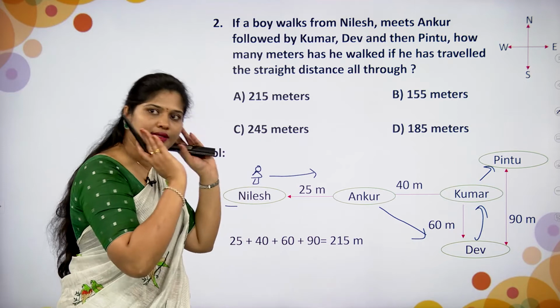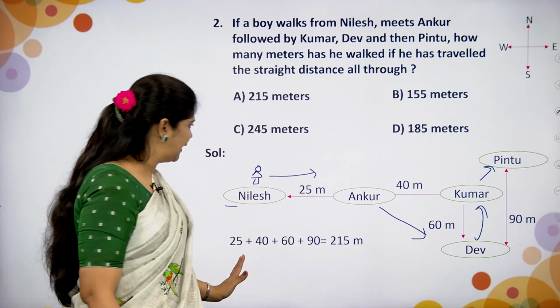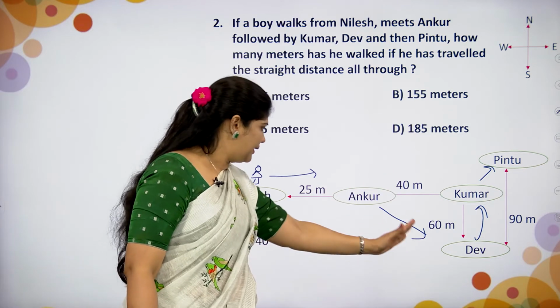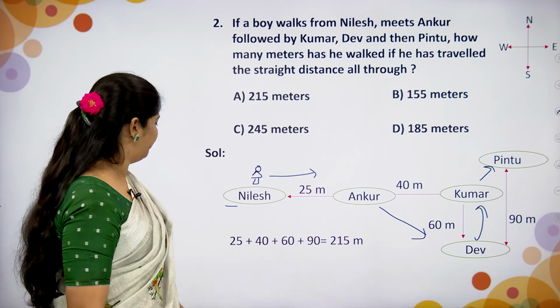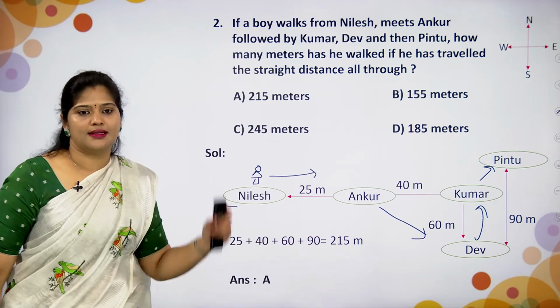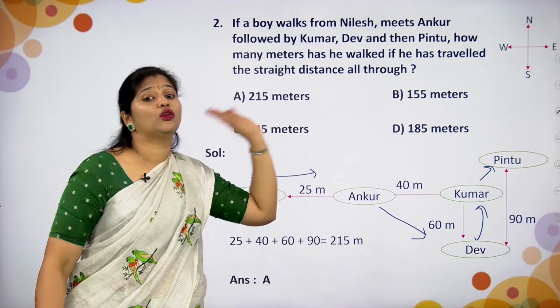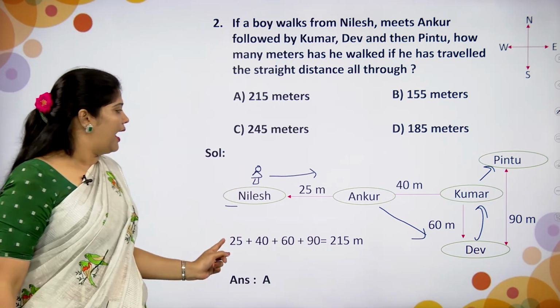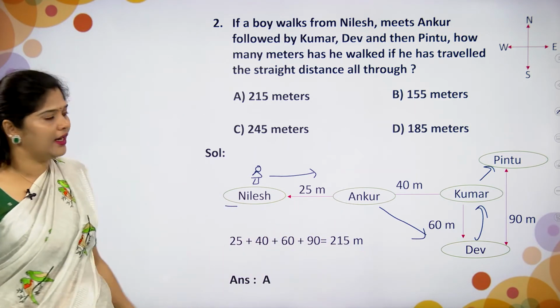He walked straight distance. So, at all these points, first is 25 and then 40 and then 60 and then 90. We will get 215 meters. Answer A is the correct answer. They are travelling straight distance all through the way. So, add all the numbers, then we will get the answer. Okay children, note it.